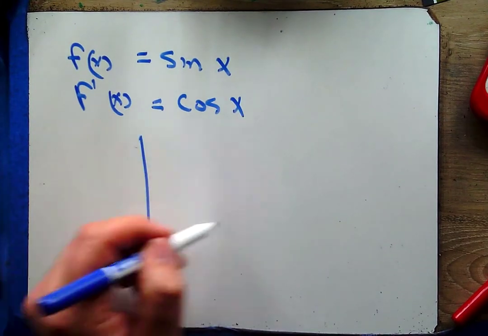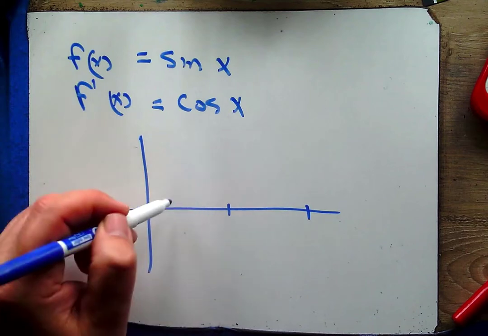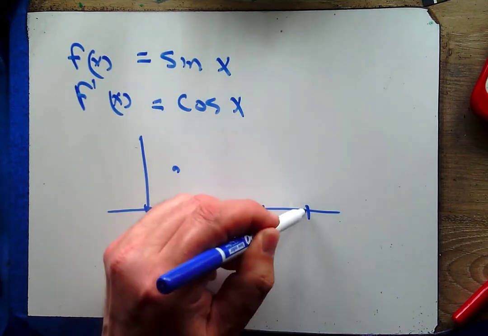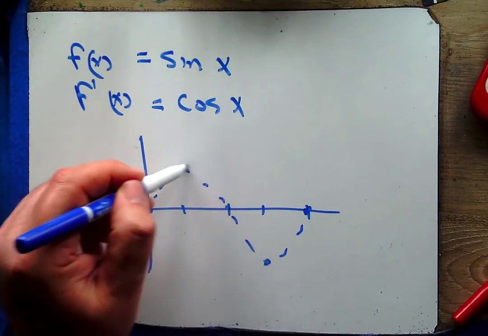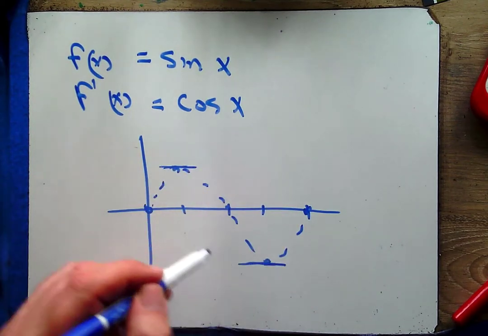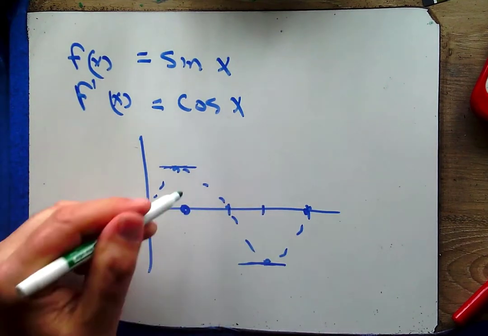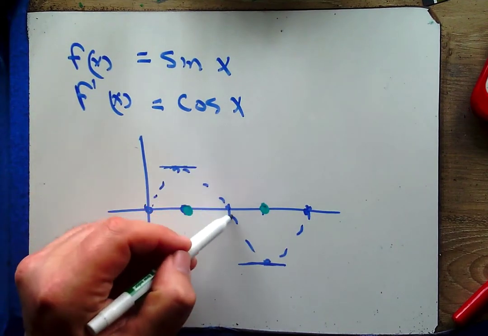We saw that graphically. So if we start with a sine graph, and we find our zero slopes. Let's change colors for that. Zero slope, zero slope. These are all negative slopes.